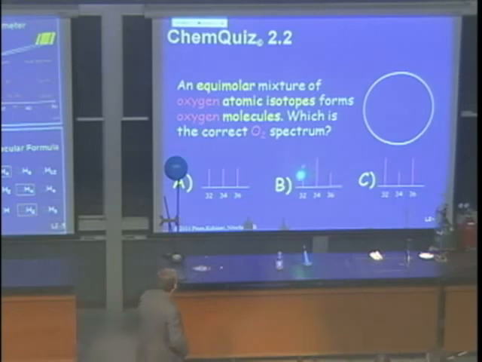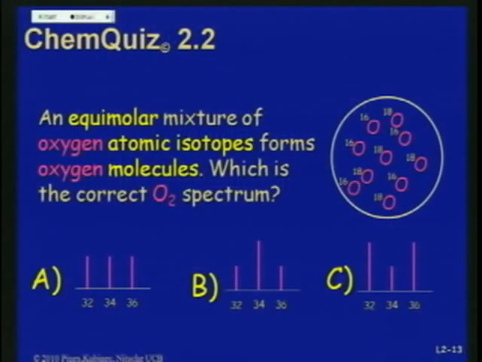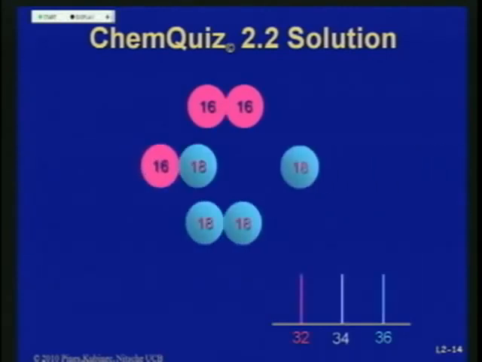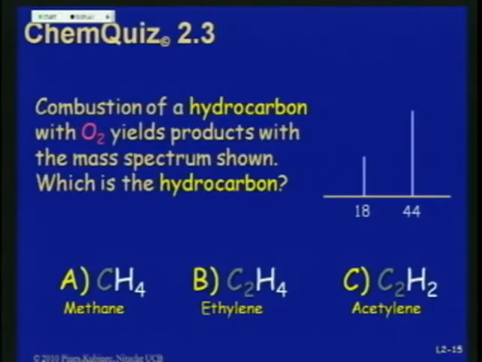So oxygen 18-16 is twice as high as oxygen 18-18 or oxygen 16-16. Oh, I didn't give you that wonderful picture. So see, that's what you get. This is double, it's statistically distributed, and the answer was B.